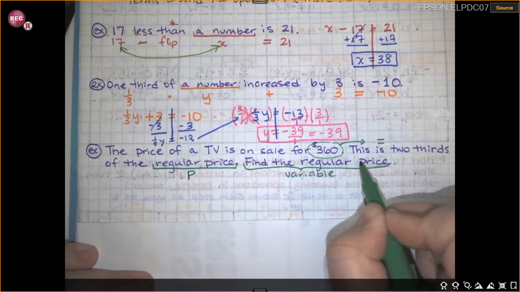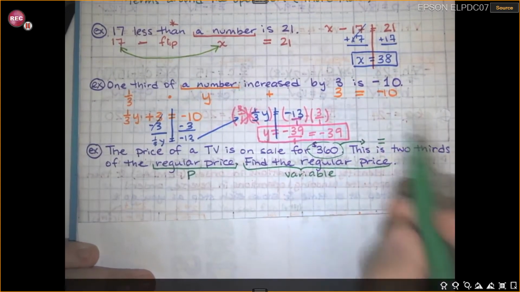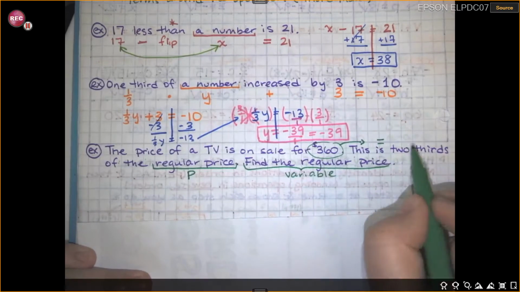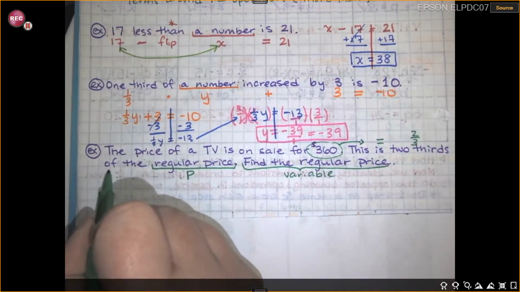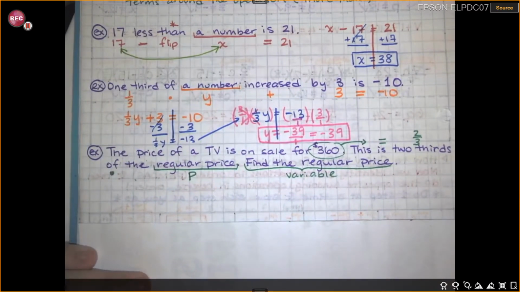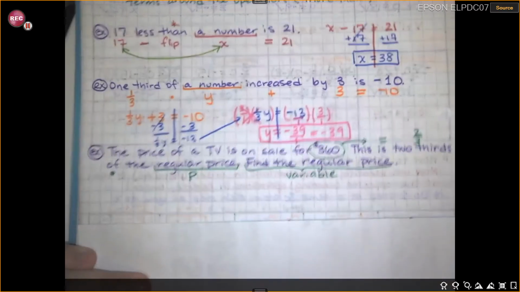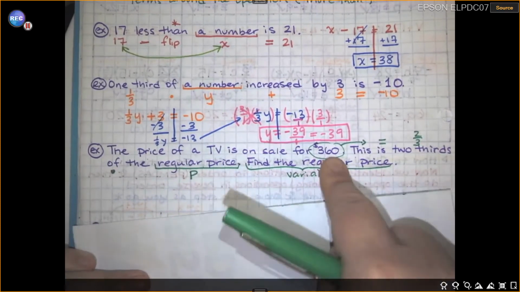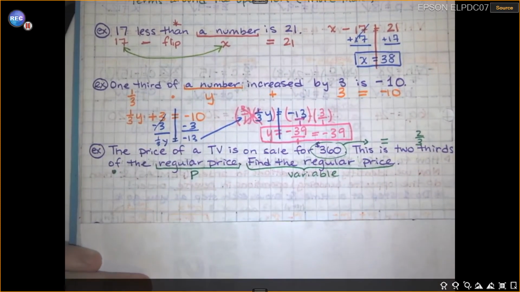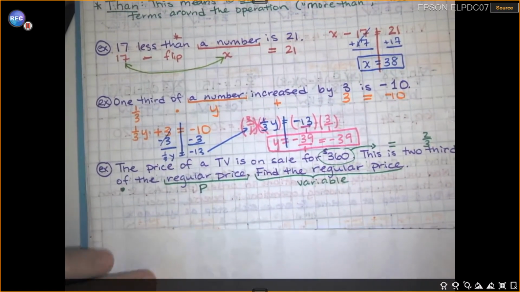That is what this is. So 360 is equal to 2/3 of, remember that's times, the regular price, which is the variable. I know that's the variable because they don't tell me the regular price, they tell me the sale price, and they ask me to find the regular price.